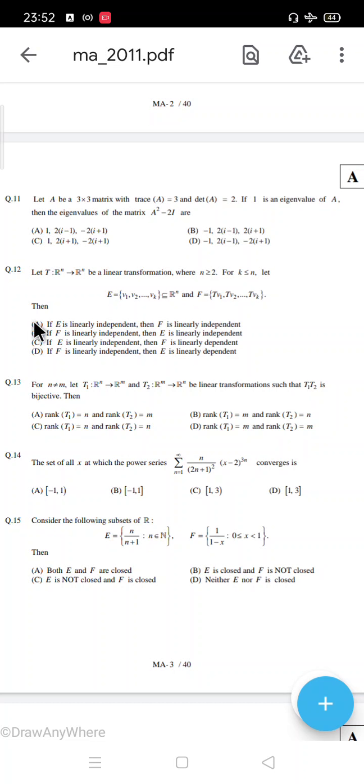See, the options are from E and B. C and D are just given unnecessarily. Let us try to prove.